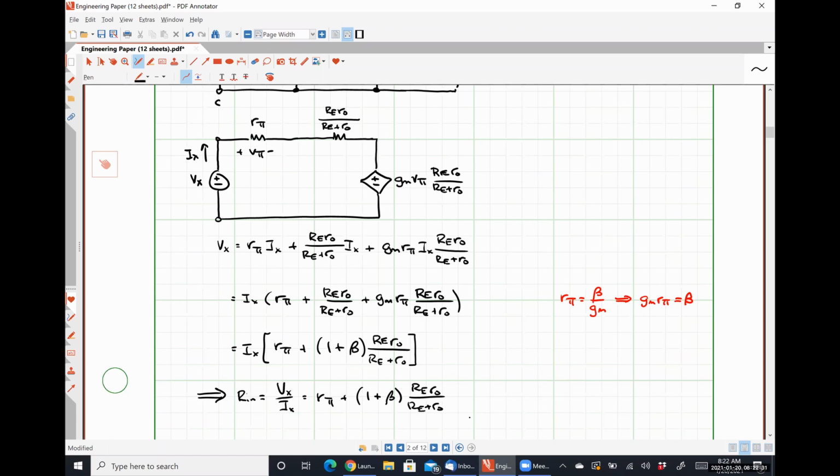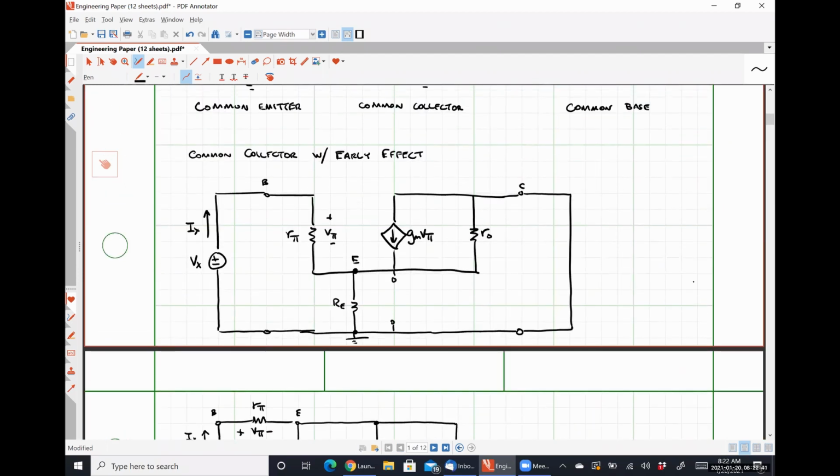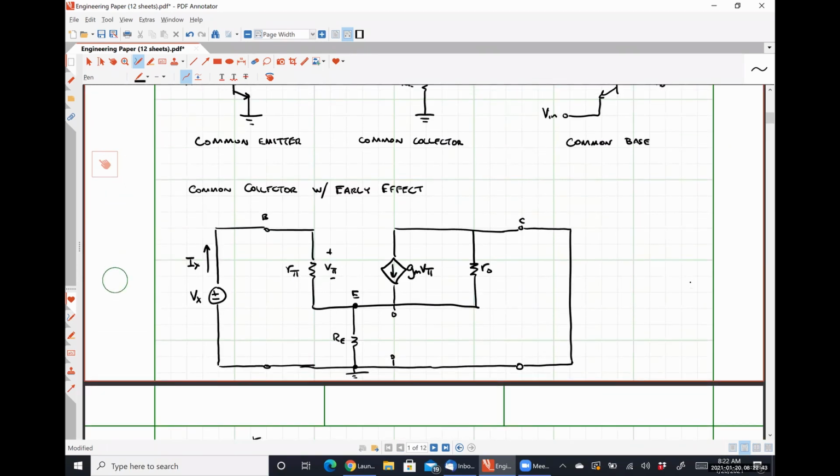So I just want to be clear about what we did, because while the answer isn't going to look like this every single time, the methodology is what's important here. So I applied a test voltage Vx across the input terminals of my amplifier circuit, and I'm trying to figure out what the current is that's leaving that test source, okay? I turned off all of my DC voltage sources, which is why my collector is connected to ground, right?